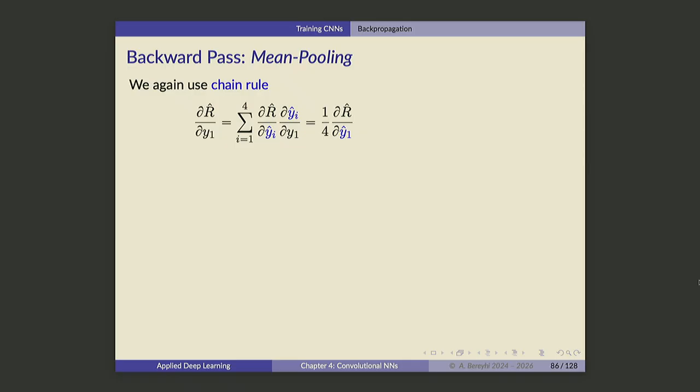No, because I had multiple y hats, and my r hat depends on all of them, so my complete chain rule needs to include everybody, right? So I'm going to write down the gradient of r hat with respect to y hat 2 times the gradient of y hat 2 with respect to y1, exactly. Because I am computing the gradient with respect to y1, right?